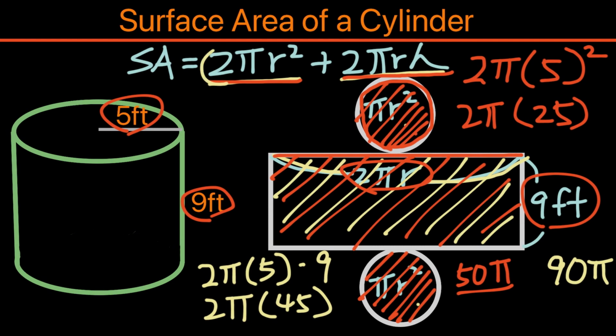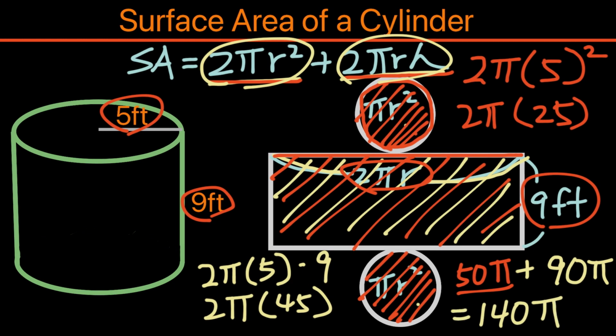So now we completed this portion and this portion. All we've got to do is add them together. So 50 plus 90 is 140 pi. And if you're using a calculator and using pi as 3.14, we can multiply that by 140.